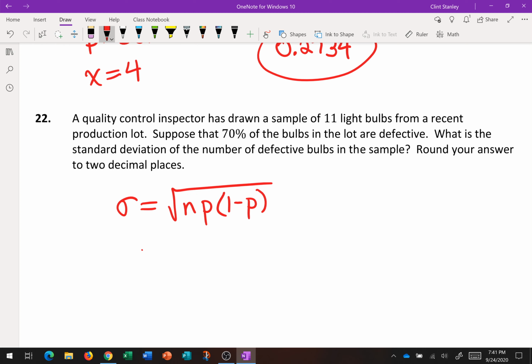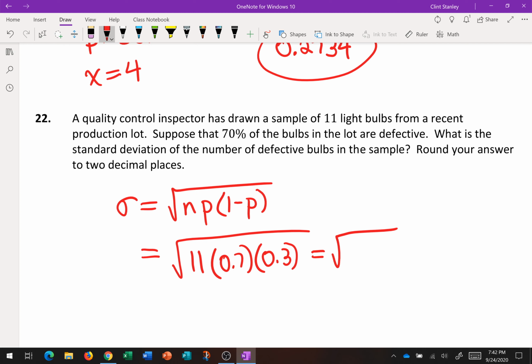So n here is 11 light bulbs. P is 70% or 0.7. 1 minus p will be 30% or 0.3. Okay, so we've got 11 times 0.7 times 0.3.